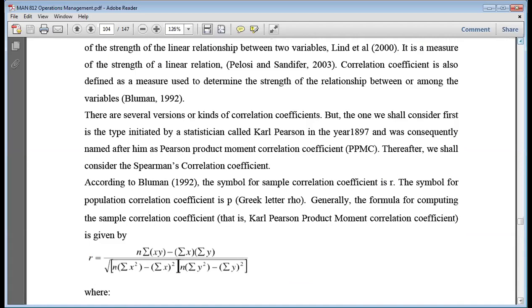When it's -1, it means that after solving the coefficient of R, maybe you get -0.889, which means it's close to 1, but is negative. What we now present is that it has a strong negative relationship.